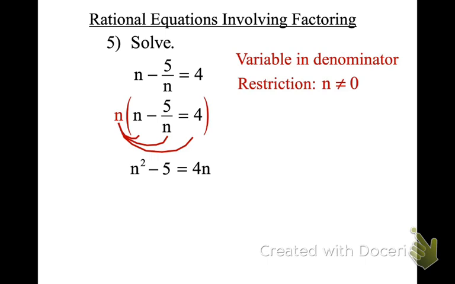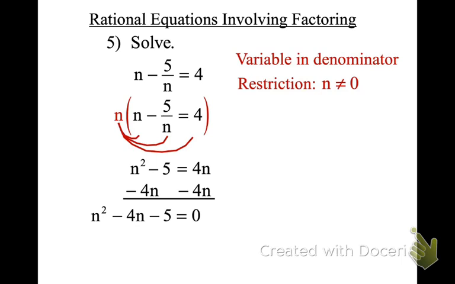We subtract 4n, not negative 4n. When you say subtract negative, that's a double negative. Always move your terms to the side to keep n squared positive. Keep your quadratic positive and put it in standard form.